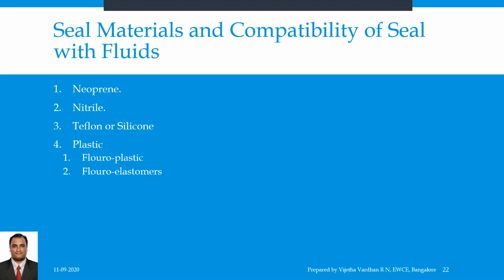Nylon is another synthetic material with similar properties. It is often used in combination with elastomers to give them reinforcement. Both nylon and Teflon are used as backup rings as well as sealing materials. All of these have high resistance to heat, up to 300 degrees centigrade, and are compatible with most fluids.